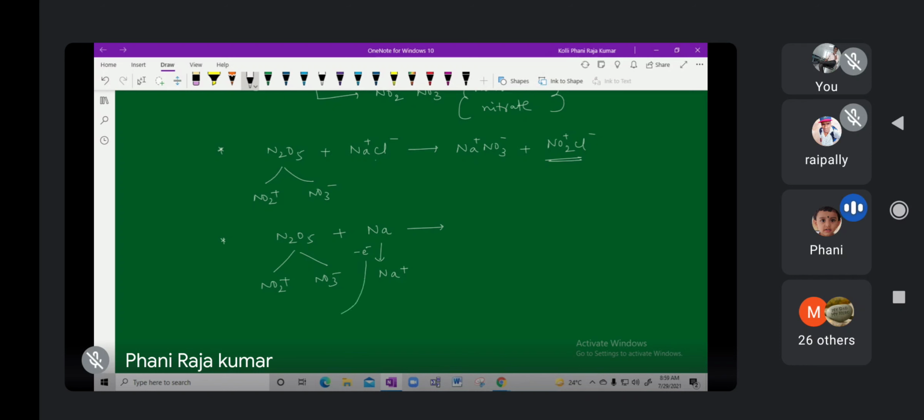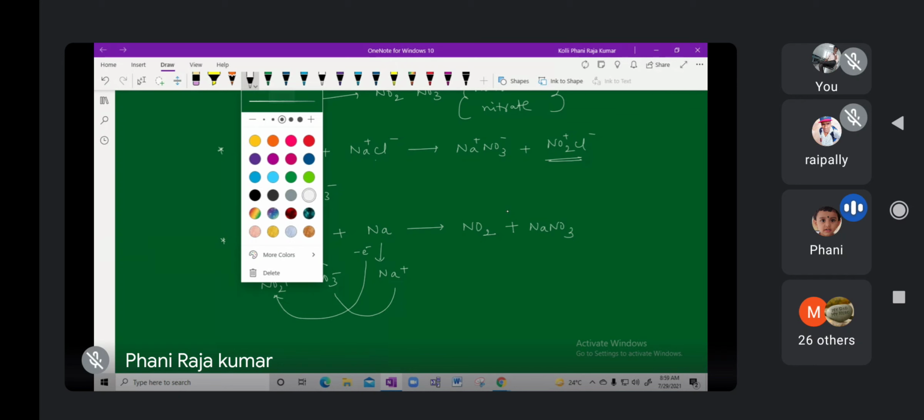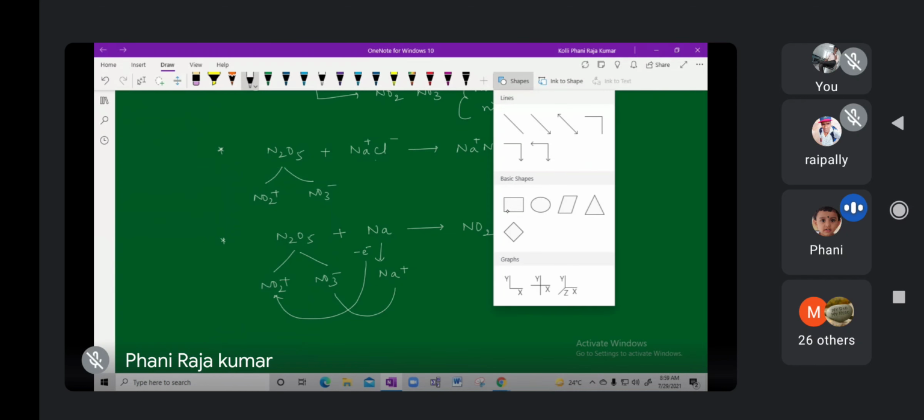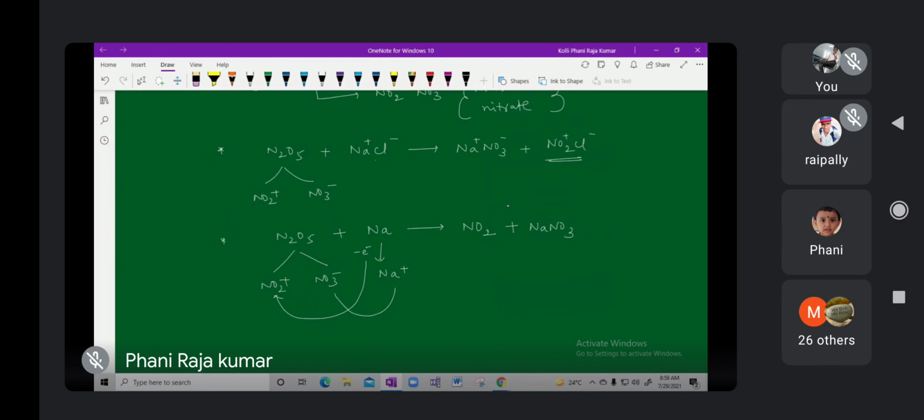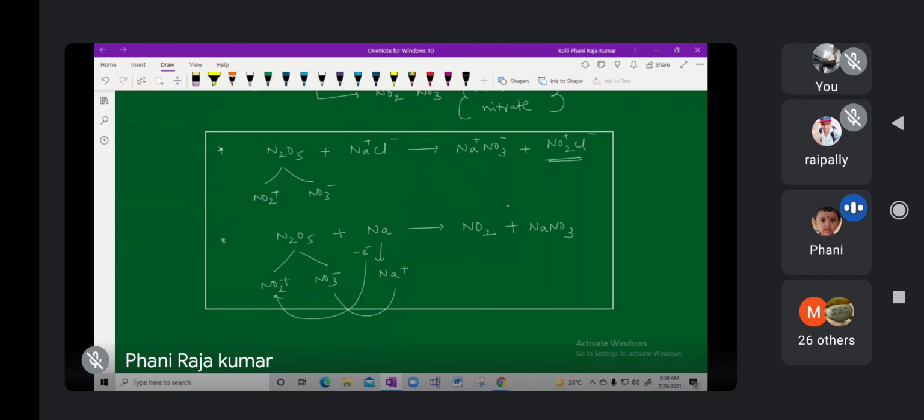This electron is supplied to NO2+, which is electron deficient. If NO2+ gains an electron, it becomes NO2, Na becomes Na+, and the combination of these two gives NaNO3. So these two reactions support the ionic form of N2O5 in solid state as NO2+ and NO3 minus.